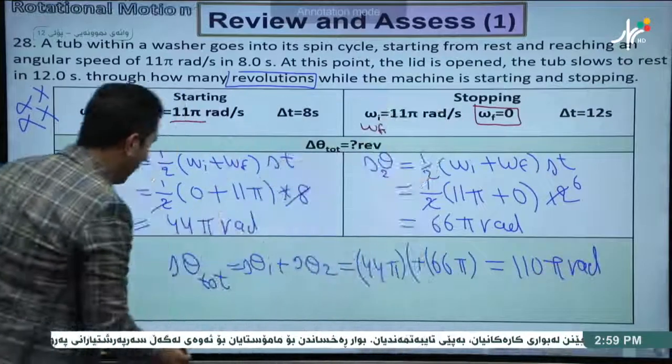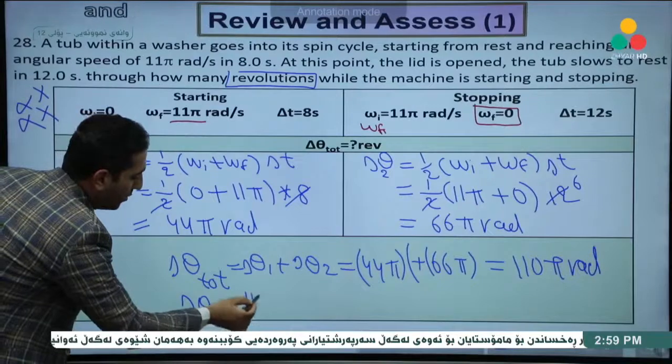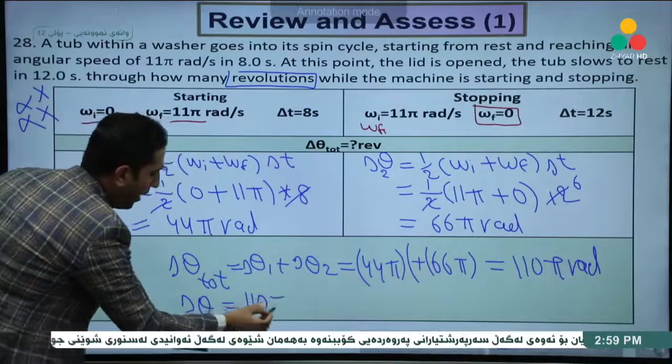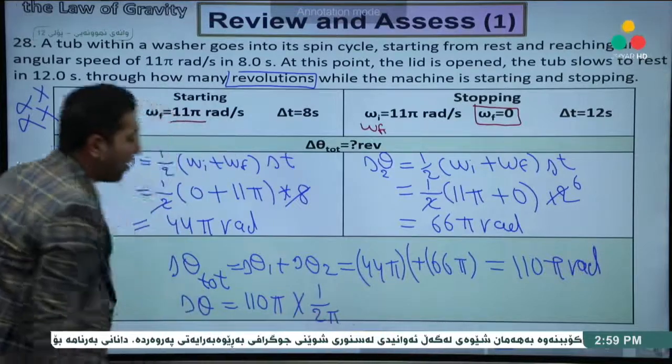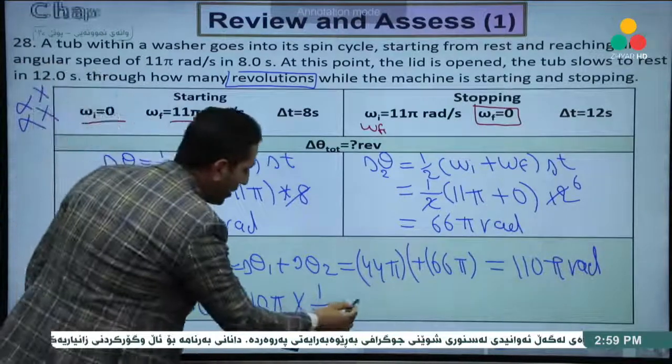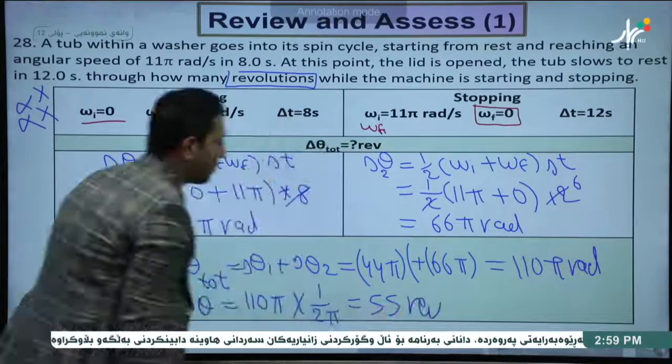And we convert: 110 pi times 1 over 2 pi is equal to 55 revolutions.